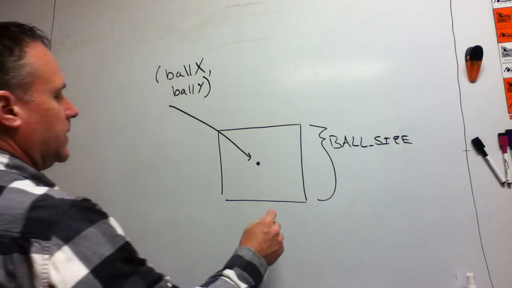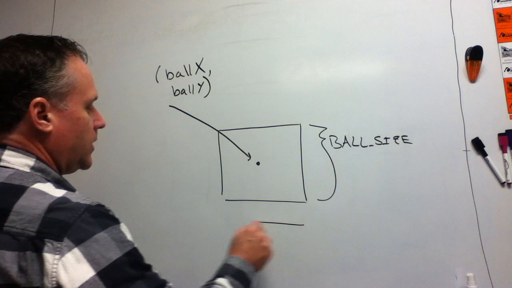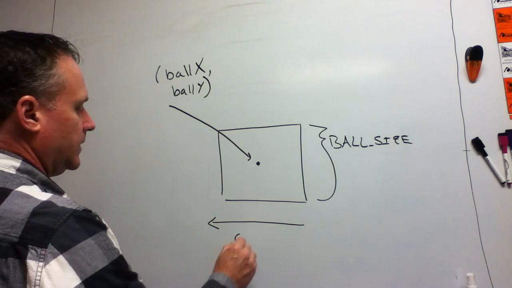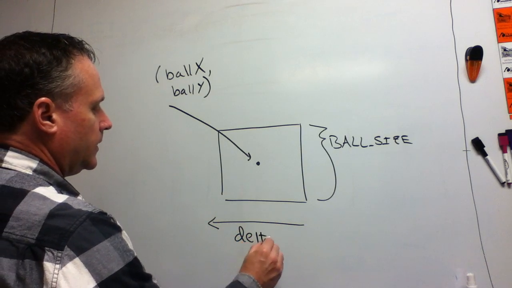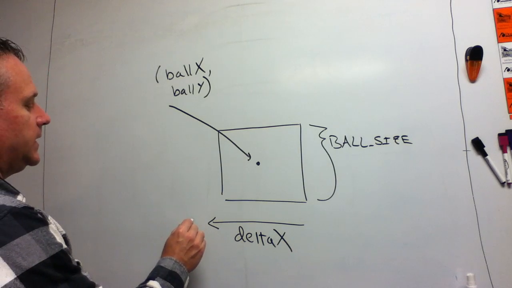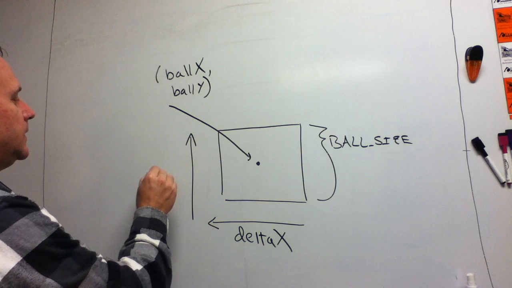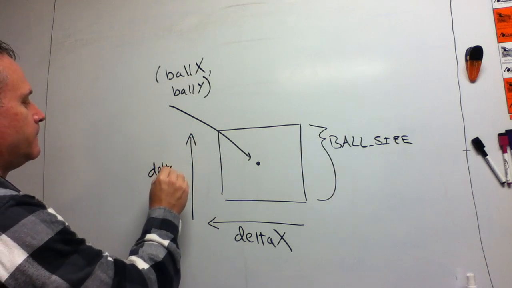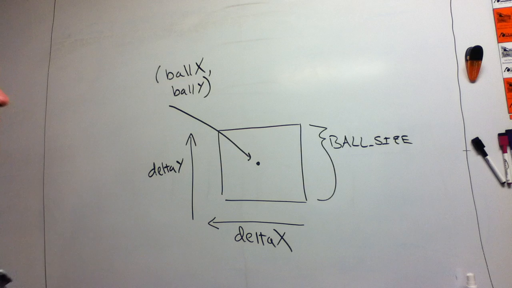Okay? So in the X direction, we'll call the speed in the X direction delta X, and we'll call the speed in the Y direction delta Y. And those may be positive or negative. Those will determine how that ball moves around. Okay, so there's our variables and constants for the ball.